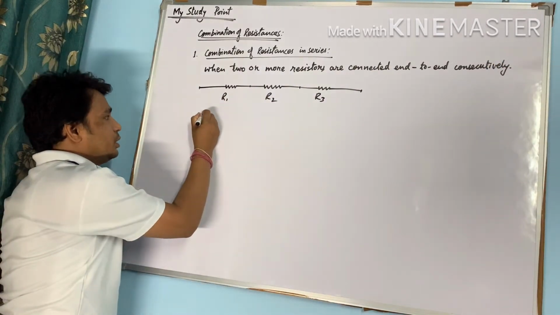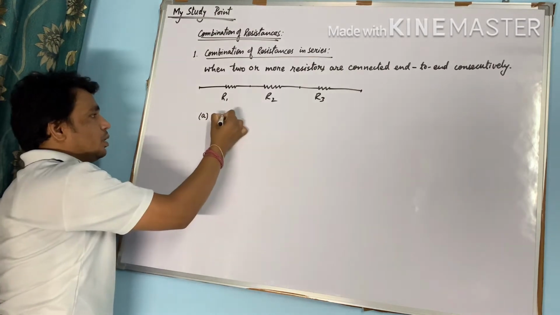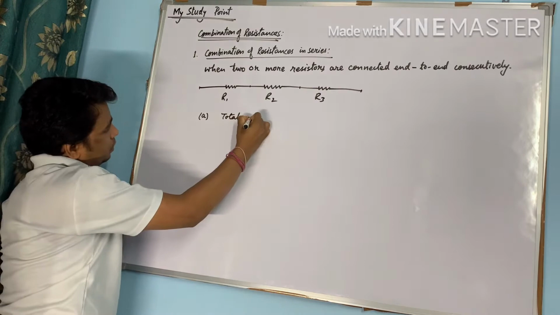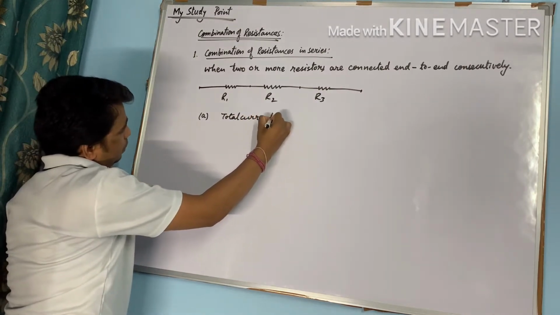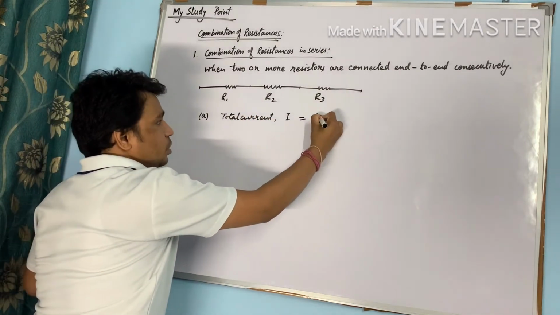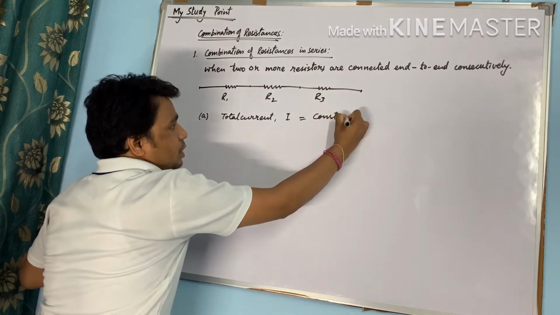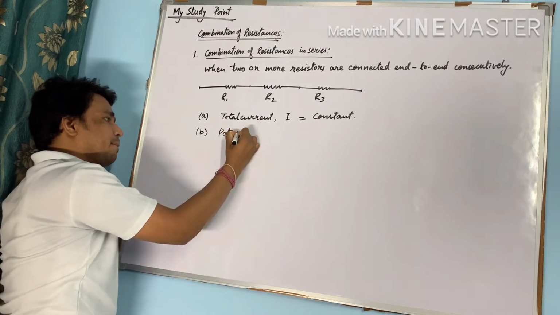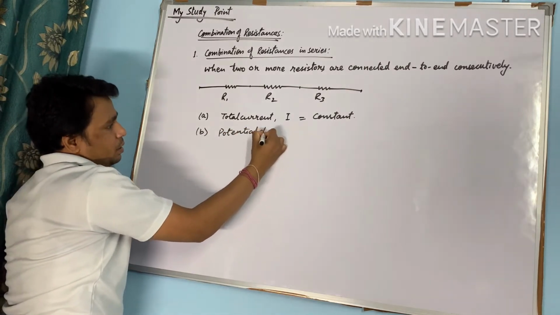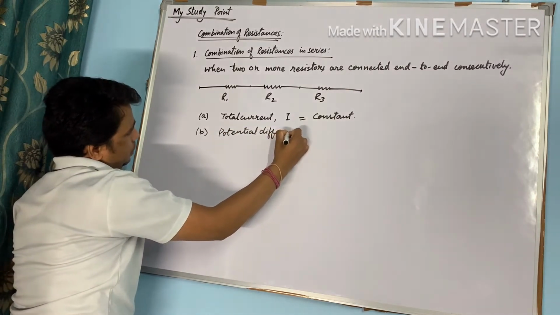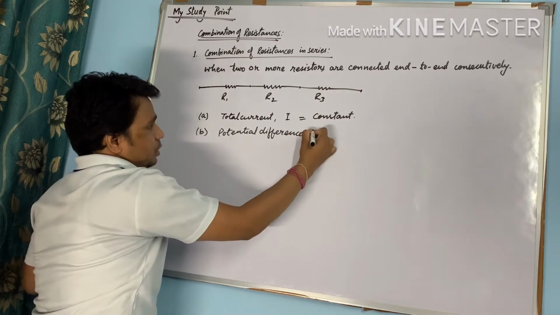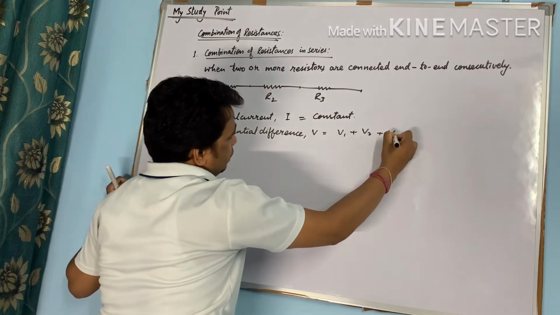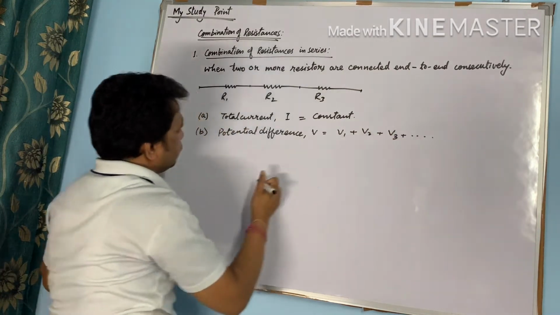In series combination, the total current I is constant. Current is always constant. Second, the potential difference V is equal to V1 plus V2 plus V3 and so on.